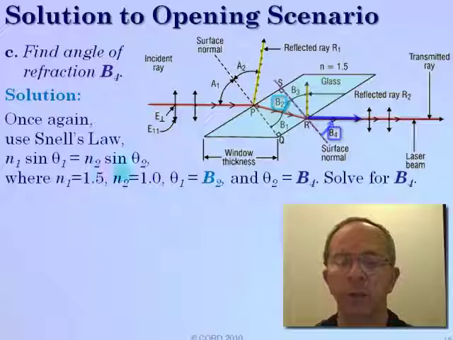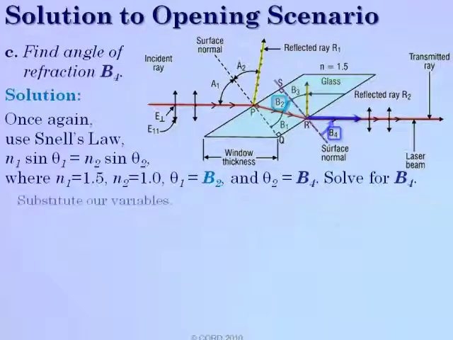In this case, N1 will be the glass, which will be 1.5. N2 will be the air, which we've said is 1.0. The first angle will be the angle of incidence at the interface, which will be B2. And the exit angle will be angle theta 2, or B4. And of course, we want to solve for B4.